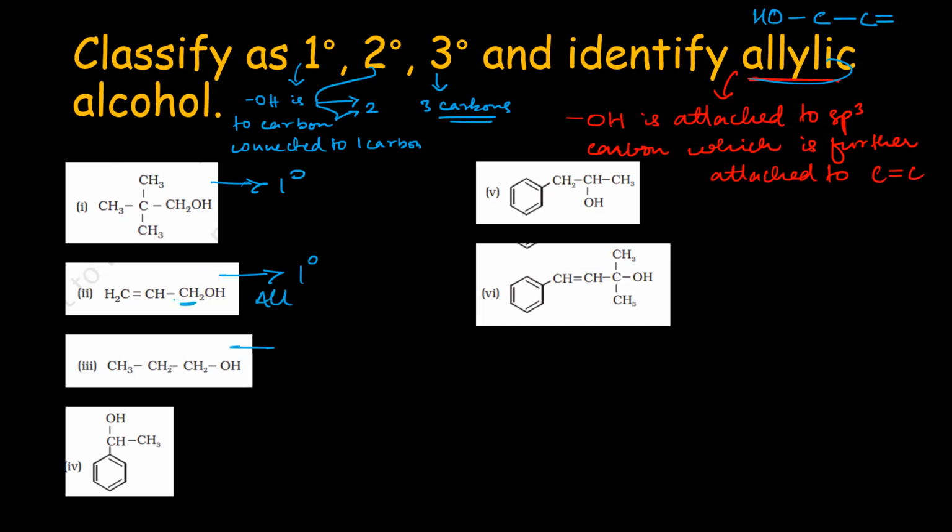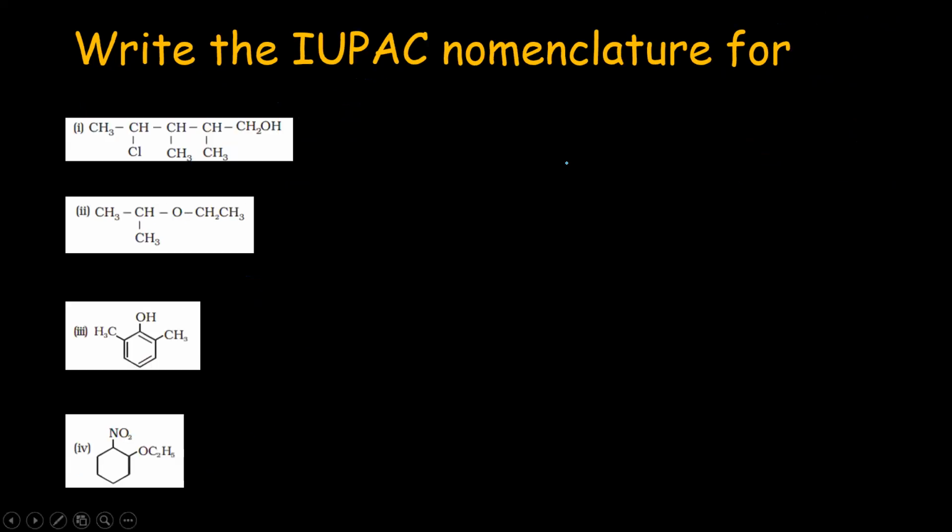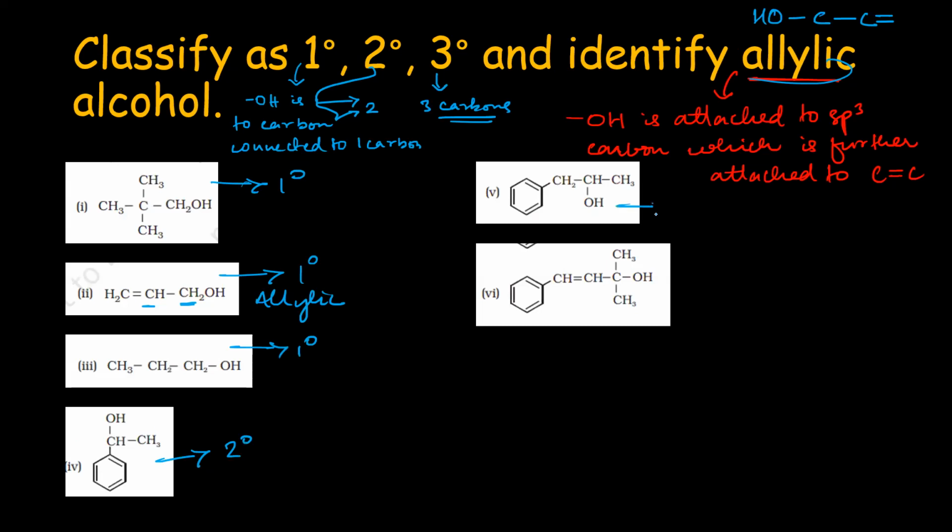Because the carbon is sp3 and this is allylic. This is also 1 degree. I hope all of you can see that. Now tell me this one. Turn your mic on. 2 degree. Very good. What about this one? This one here is 2 degree. Very good. And this one here is 3 degree. Also this carbon is sp3. It is connected to a carbon double bond carbon. That is why allylic. Very good.